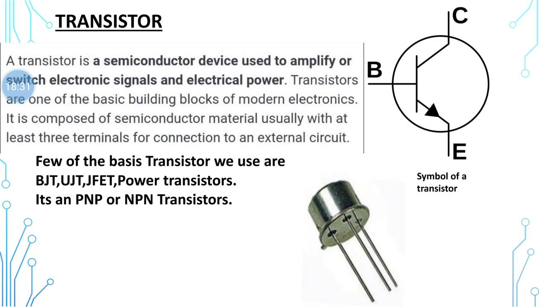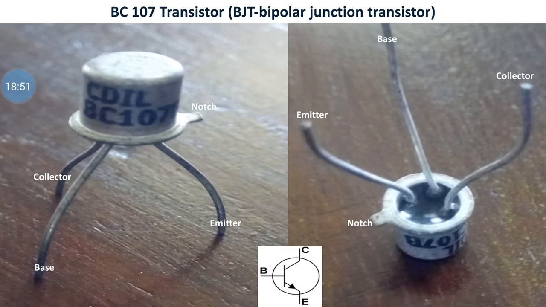A transistor is a semiconductor device used for amplification and switching purposes. The transistor consists of three terminals which form a PNP or an NPN junction. A common transistor is the BC107, which is a bipolar junction transistor, and the leads of this transistor can be identified by the notch.